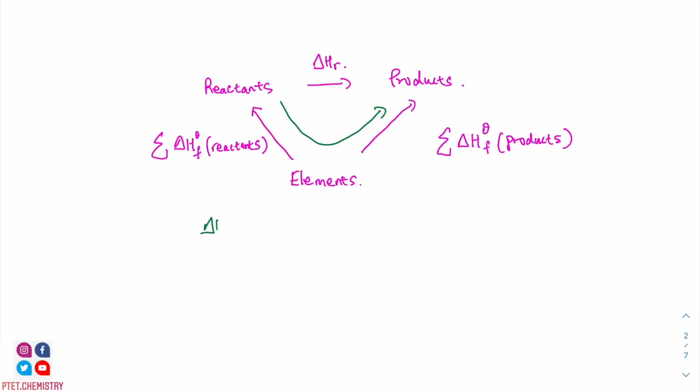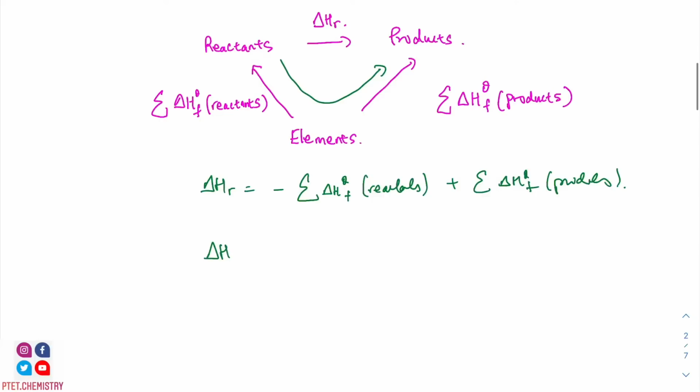So meaning to say the enthalpy change of reaction, when you go opposite, is going to be minus that plus that. So it's minus the enthalpy of formation of the reactant plus the sum of the enthalpy change of formation of the product. A lot of people will not be familiar with this. Instead, they often remember the mantra, product minus reactant, product minus reactant.